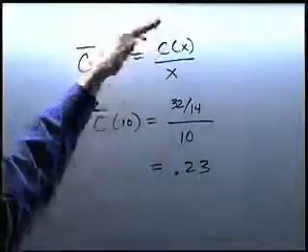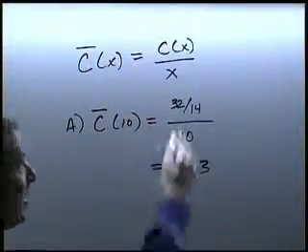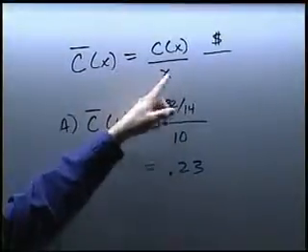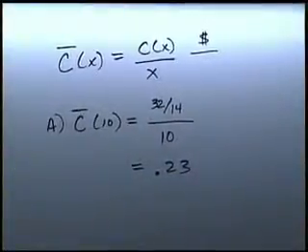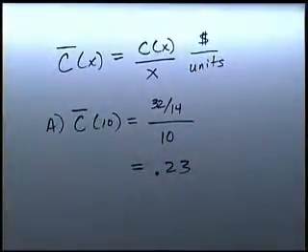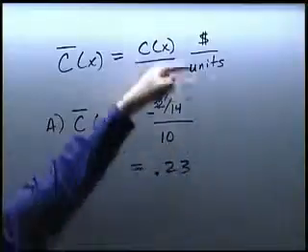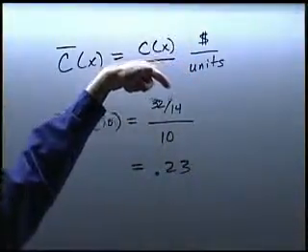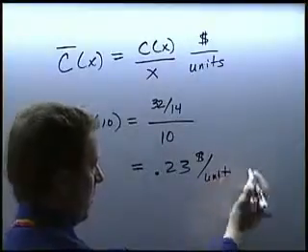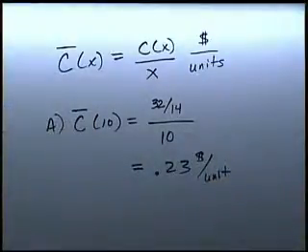Total cost is usually in dollars probably, so the label for the numerator is dollars. The label for the denominator, x, is what? Units, right. This is just the number of units of perfume we're producing here. So what is the label for 0.23? It's dollars per unit. So the average cost is $0.23 per unit.